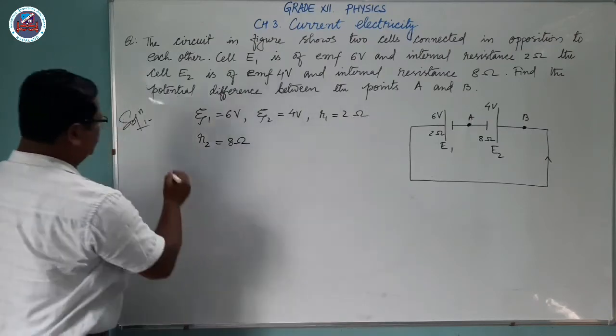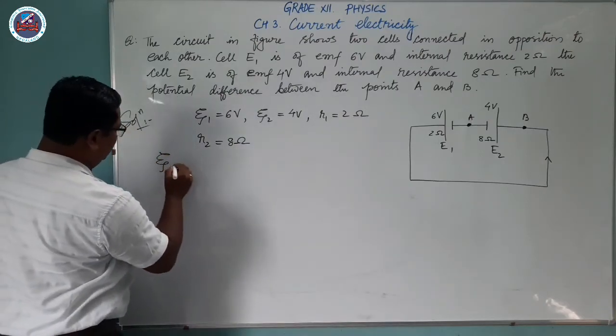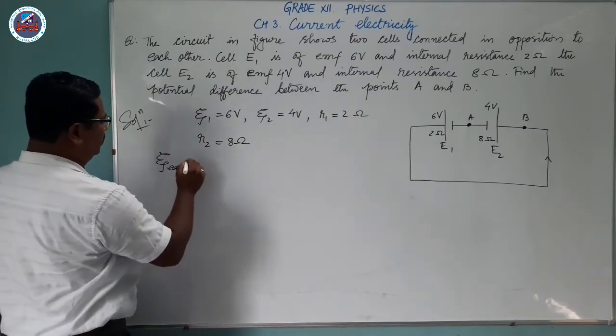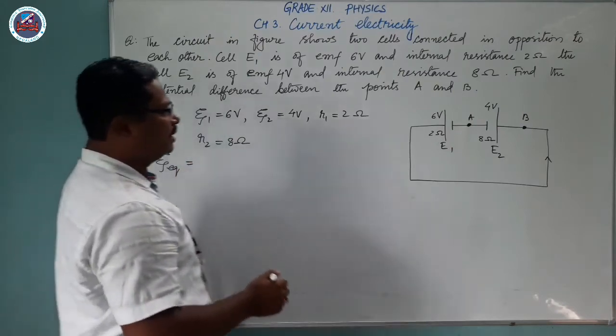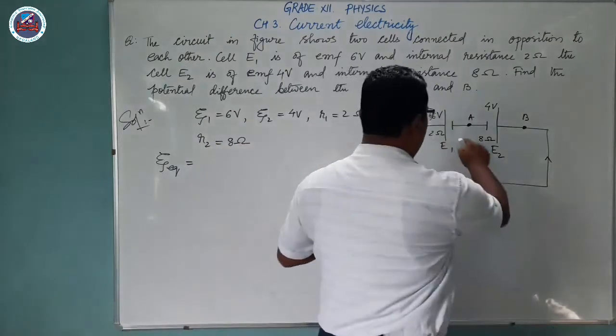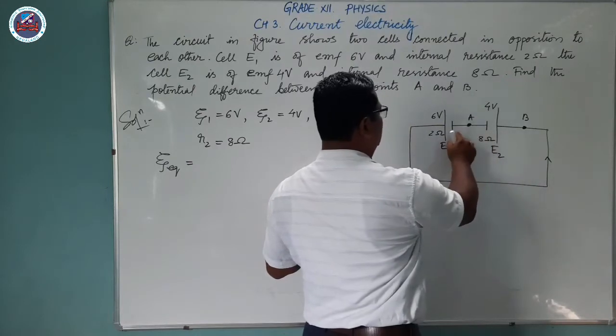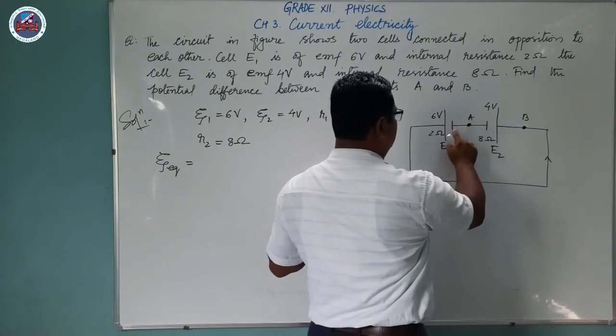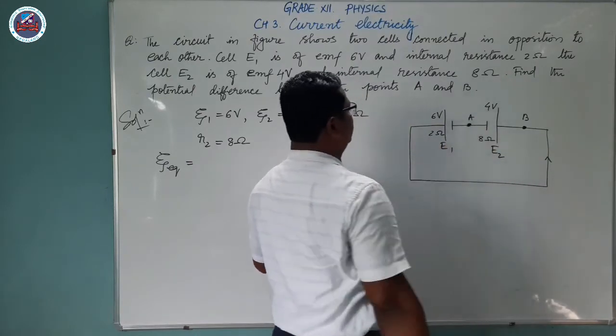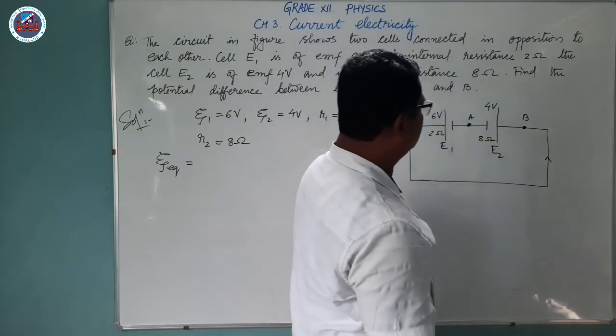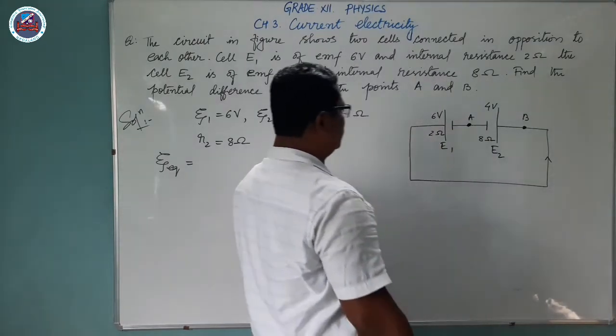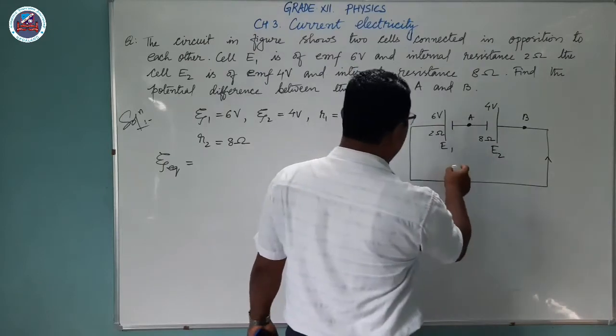So to find out the equivalent EMF or the effective EMF when the cells are in opposition, negative is not connected to positive, it's negative connected to negative, you have to do E1 minus E2 as I said earlier, but we have to check which is bigger.